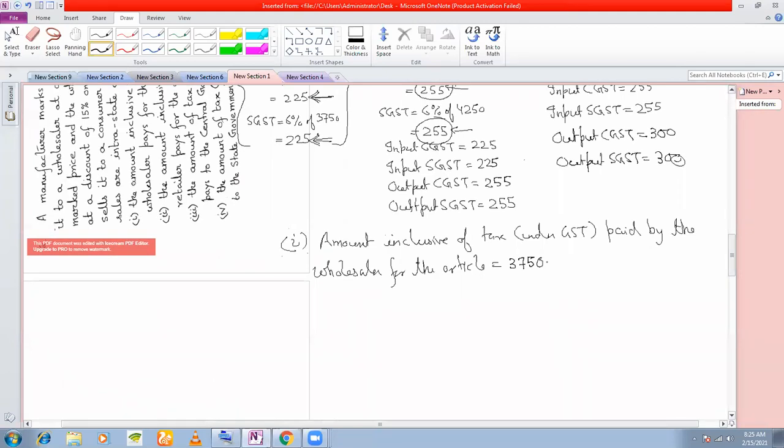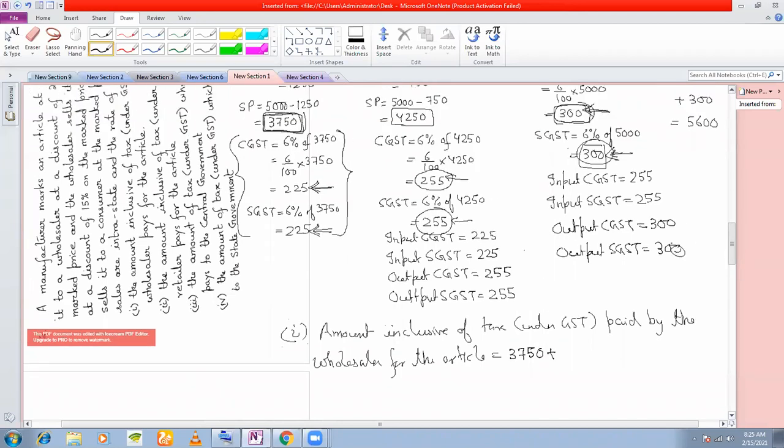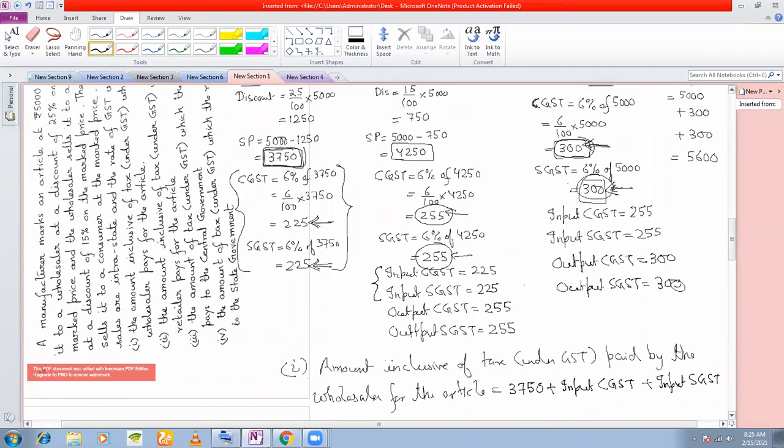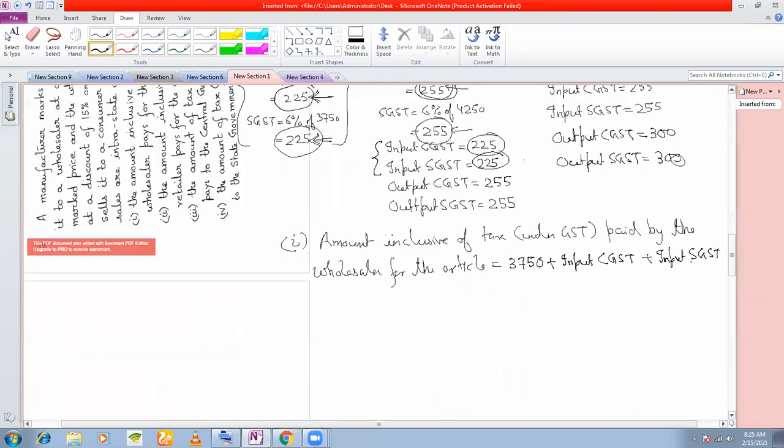Let's write this: 3,750 plus he's also paying his input GST, right? So plus input CGST plus his input SGST. So he's paying the selling price, as I told you in problem number one, selling price plus 225 plus 225, which are nothing but his inputs.